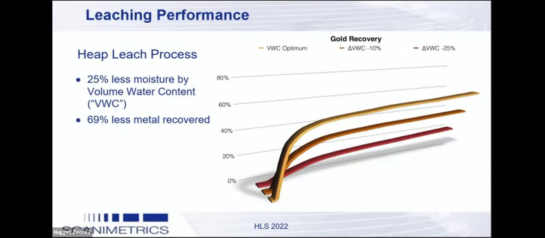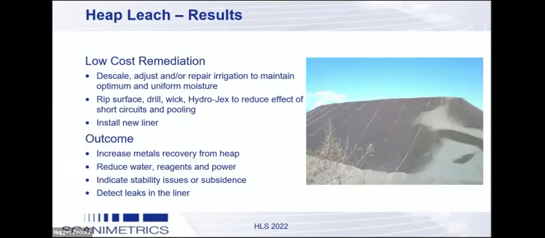The difficulty in all this, of course, is what is the correct corrective action to do. And even we struggle with suggesting what to do there. There's lots of information in the literature of things people have done to address these issues, like descaling, repairing your irrigation system. Some of these things are obvious. If you've got a problem with the irrigation, you go fix it. It is interesting to point out how many times visually we would see, when we installed these sensors, visual indications of problems with the irrigation, but they went unfixed.